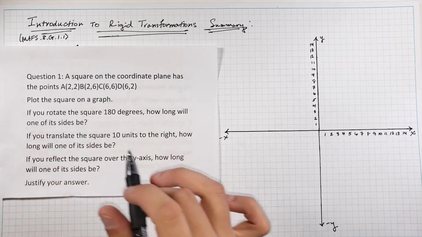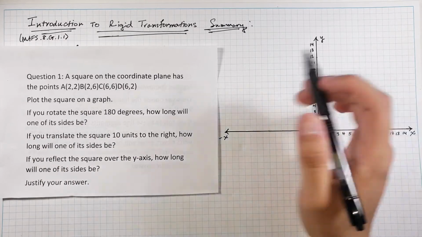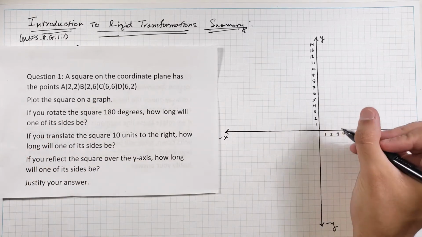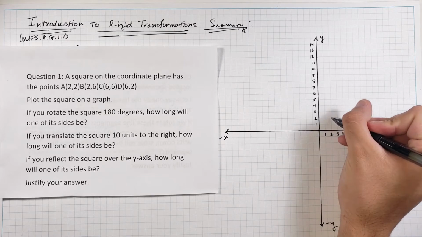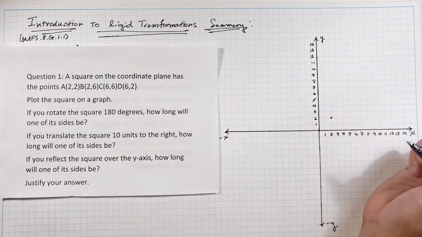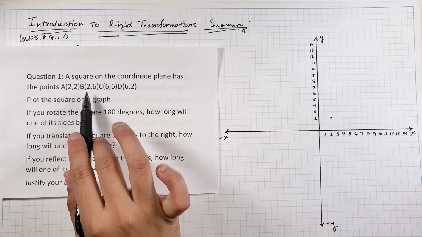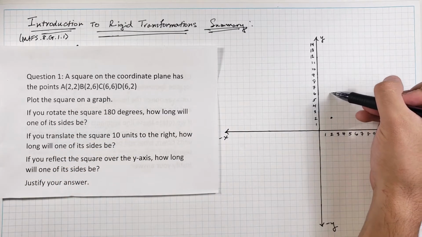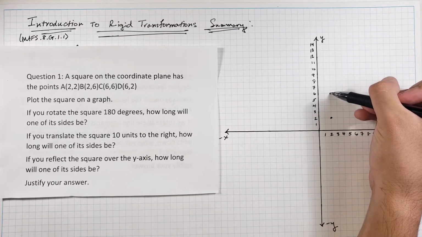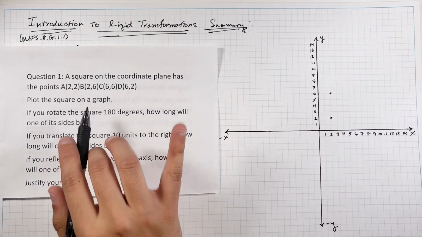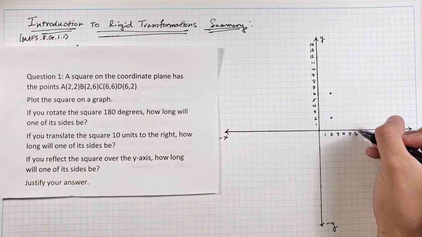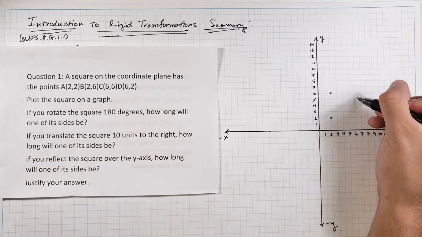So let's do this first. It says the point A of the square is at (2, 2). So how do you plot that? Well, you just go over 2, up 2, put a point. The next point is B (2, 6). You go over 2, up 6. So right here. The next point is C, which is (6, 6), over 6, up 6.